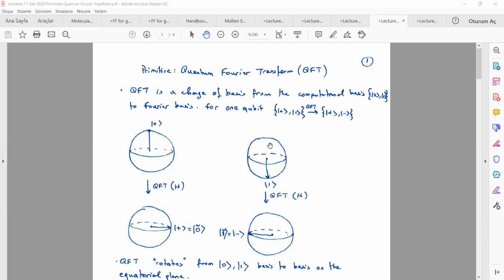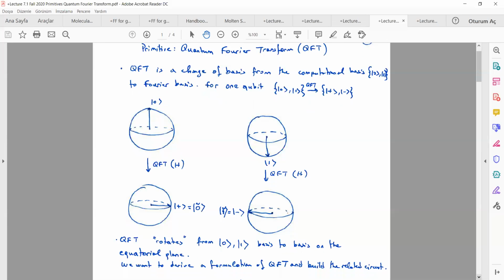So all the quantum Fourier transform does is a change of basis. You start with a quantum state in the computational basis, and as a result of the quantum Fourier transform, you obtain another state on the equatorial plane of the Bloch sphere. So this is what we call the quantum Fourier transform.